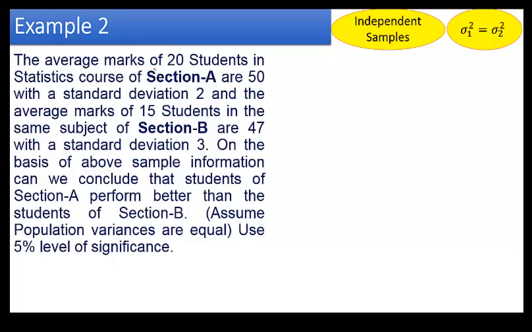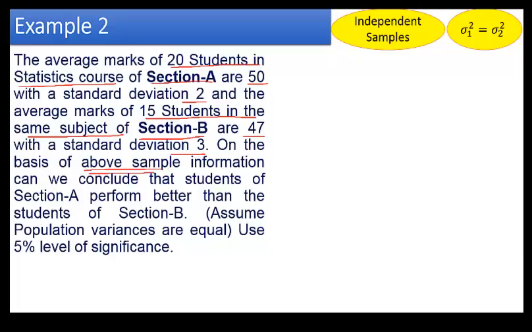This data is all about students of a statistics course. 20 students from section A, 15 students in the same subject from section B. So we have two sections, and the average marks of 20 students from section A are 50 with standard deviation 2, and average marks of 15 students from section B are 47 with standard deviation of 3.